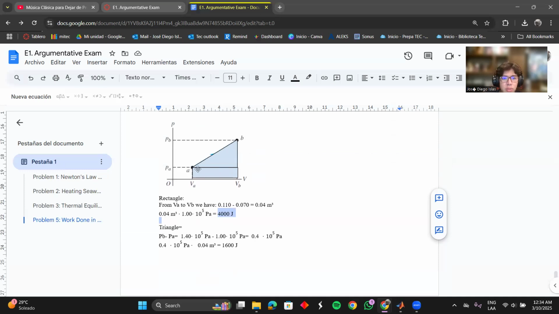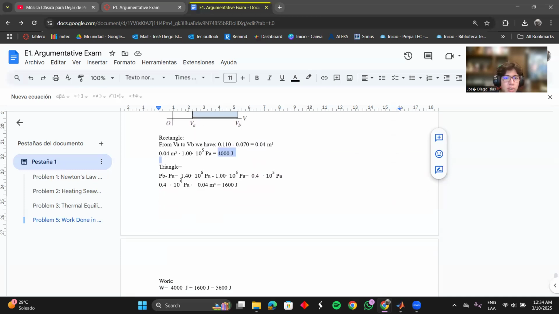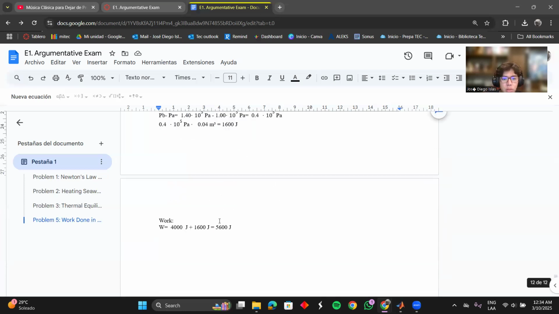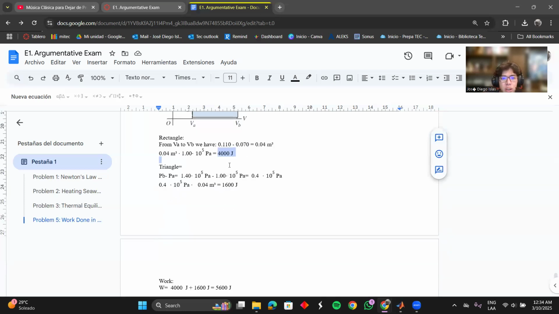And we know this, so we just subtract to know the distance between PA and PB, right? So we get that it is 0.4 times 10 to the power of 5 pascals. And we already did this base, which is VA to VB. So we just got to multiply and divide it by 2, which is something I just noticed I didn't do, right?